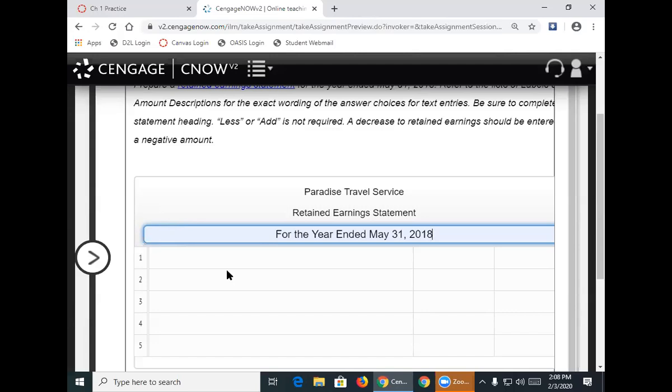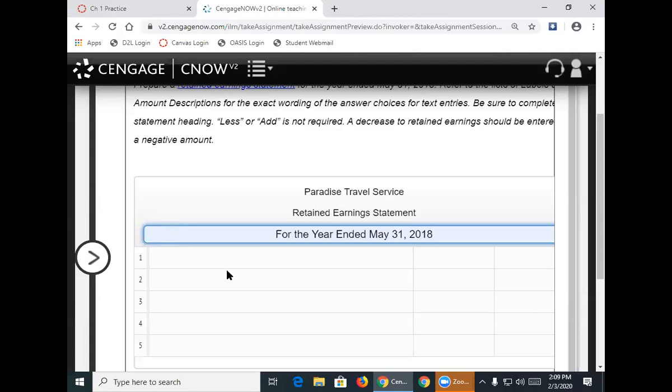So retained earnings is made up of 3 accounts. And as we saw, it could have a beginning balance too. So retained earnings is net income minus dividends, or in other words, revenues minus expenses minus dividends. That's everything that goes into retained earnings.